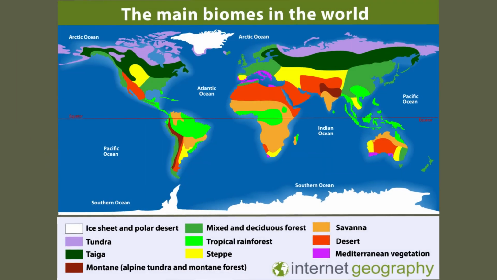So to give you a more vivid idea of where we could typically find tundra biomes, I have here this particular map. I want you to focus on the lavender colored portion, or light violet, I think it's lavender though. That is present within the north polar region.